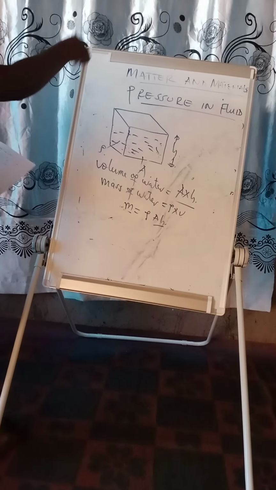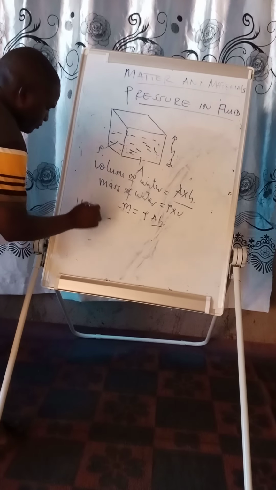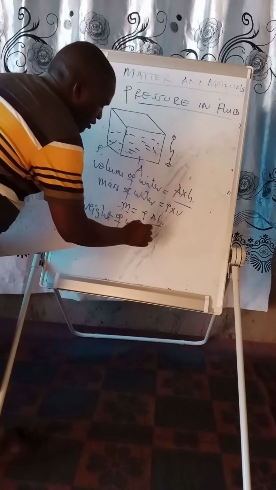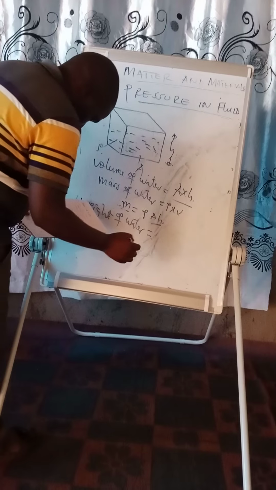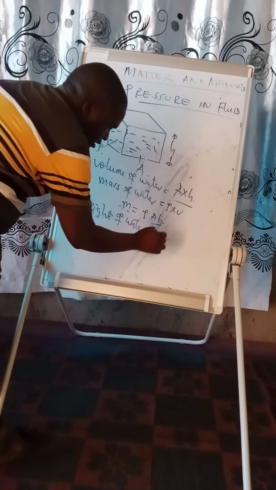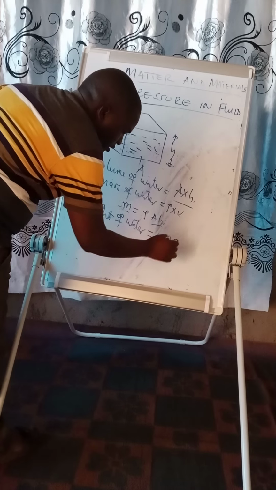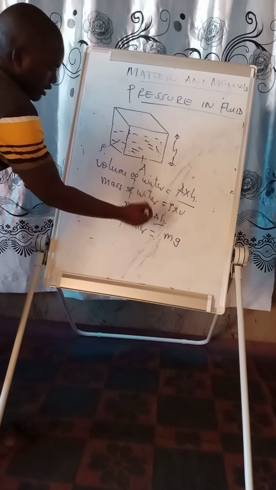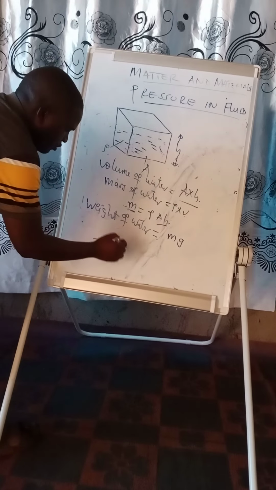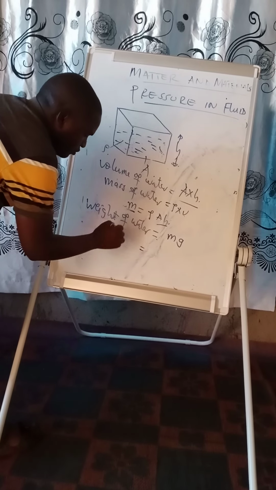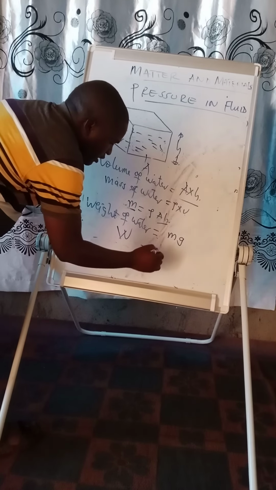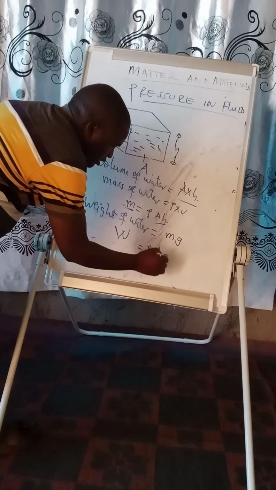Now weight of water is mass times gravity. Mass times gravity, but our mass here is density times area times depth. So our weight will be equal to density, area, depth, and gravity.